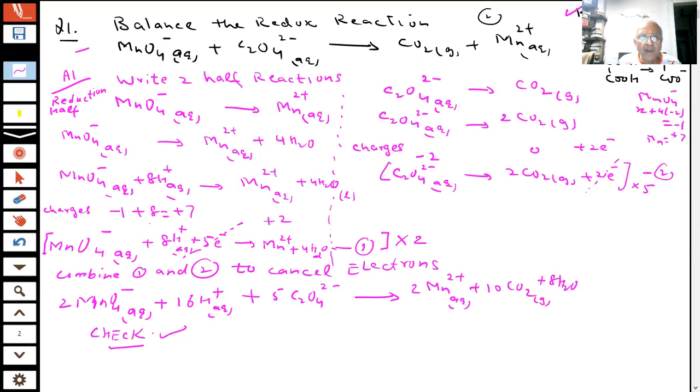Yes, sir, it is balanced. Balanced? What have you checked? Atoms and charges, everything. Atoms and charges both should be equal on both sides. Yes? Yes, sir.